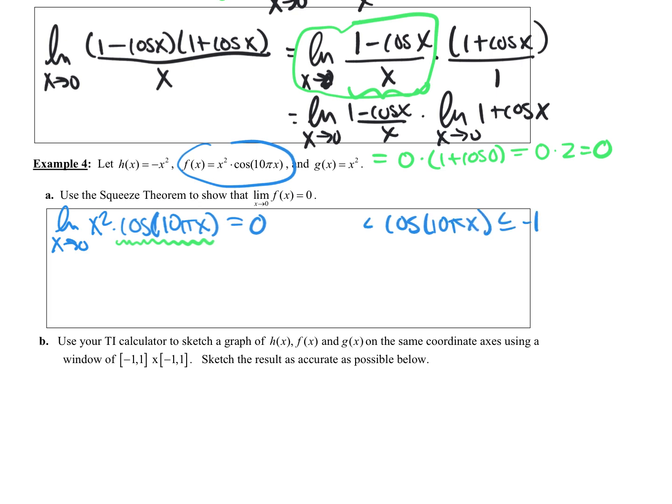Same thing with sine. So now we have an inequality to start with. And what our goal is, if we have to create our inequalities, we want our whole function that we're trying to find to be the middle function, right? But right now, we're missing this x squared. We don't have that. But we can just go ahead and put it in there as long as we multiply all sides of the inequality by x squared.